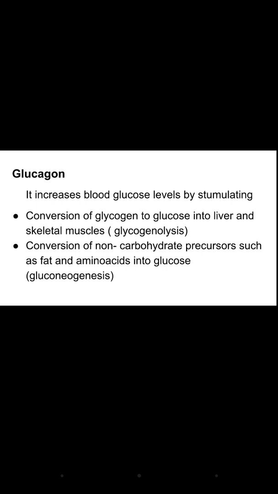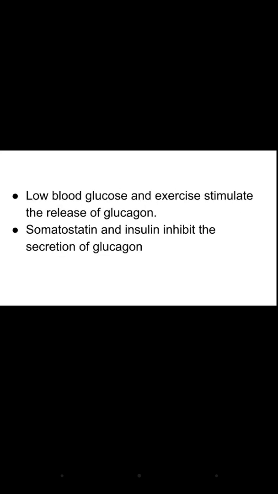In glycogenolysis, the glycogen was broken down, but in gluconeogenesis, what is happening? The fat and the amino acids are broken down and converted into glucose. So in this way, the blood glucose levels are increased.